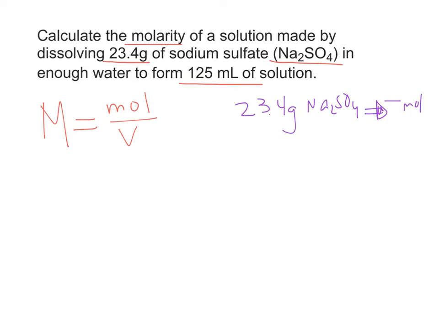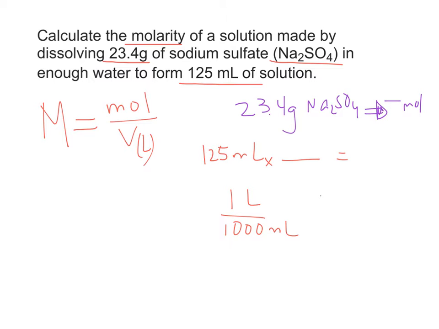Am I given volume? Yes, I'm given volume. Is it in liters? No, it's in milliliters. So the first thing I'm going to do is convert this 125 milliliters to liters. And you can do that as a proportion, or you could do dimensional analysis. For every 1 liter, we have 1,000 milliliters.